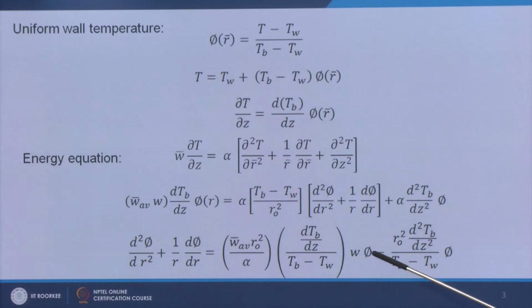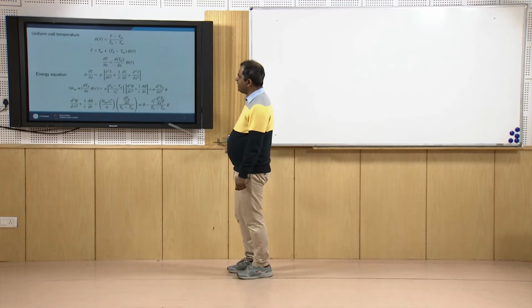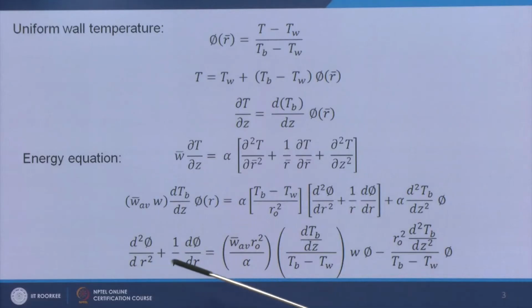W and phi are there, and d dz of Tb remains over here. The axial conduction part goes to the other side with a minus sign. It remains as the second derivative of the bulk temperature with respect to Z, the axial direction, along with a phi. So this is the radial conduction part, and here we have the axial conduction subtracted from the convection part.